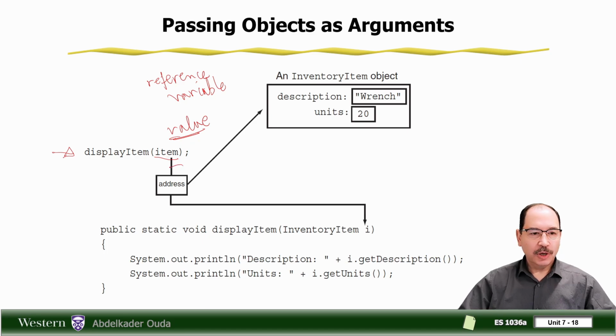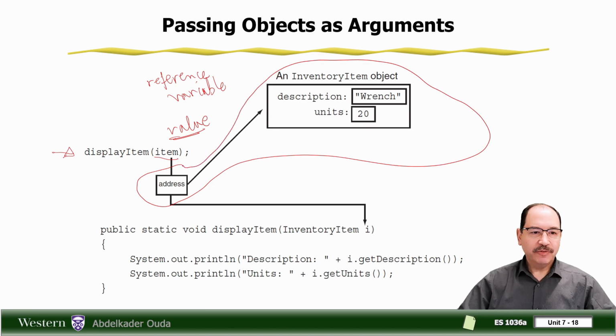If you remember, when we represent how an object is saved in the computer memory, if this is the computer memory, we said that when we define an object like item, we allocate a location in the main memory to hold the address of this object and another location to hold the data of this object, like description and units. So displayItem is going to pass the value of the item.